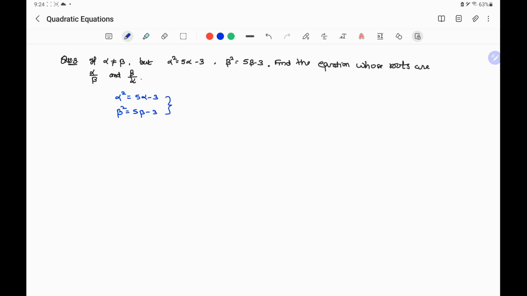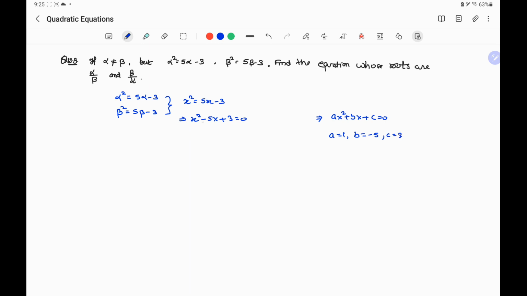From observation, we can say that alpha and beta will satisfy the equation x square equal to 5x minus 3. And this can be written as x square minus 5x plus 3 equal to 0. This is in the standard form of the quadratic equation, which is ax square plus bx plus c equal to 0.